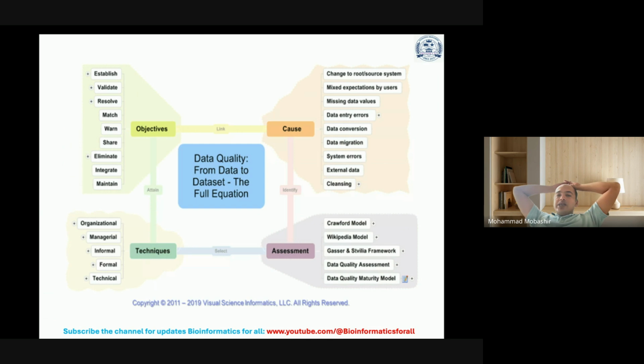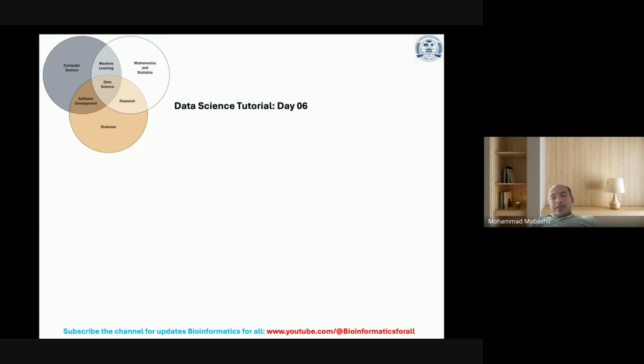You need to identify the errors, data conversion issues, data migration, system errors, external data, then cleansing. Next is to implement some model, to develop some models, then go for some kind of techniques, and finally try to achieve the objectives of your design project. And in the next class, I will be going further in depth.